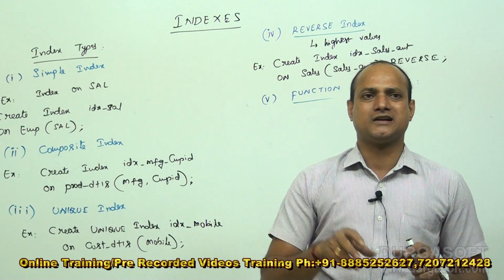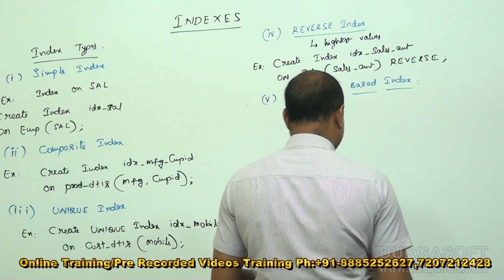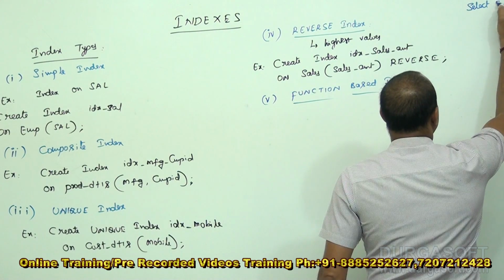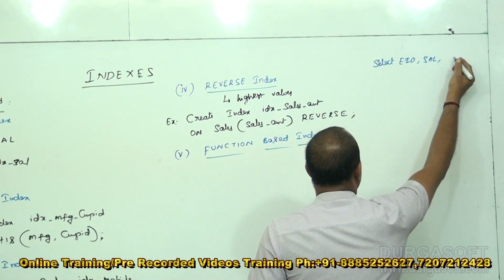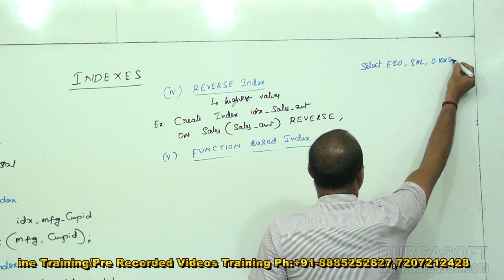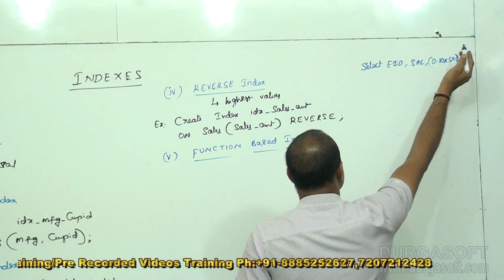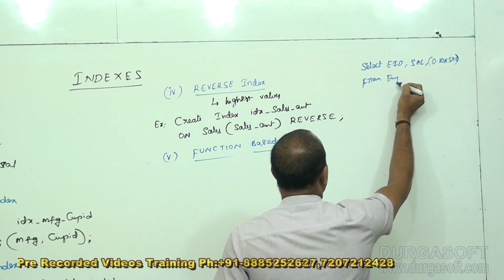Suppose 10% of salary as commission. So for that you will write a query like this generally. So how to write a query? Select employee ID and salary and also 10% of salary, 0.10 into salary. That should be as a commission or something, TA, DA, whatever it is, from EMP.